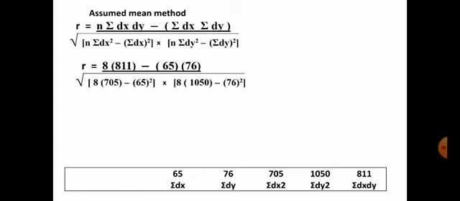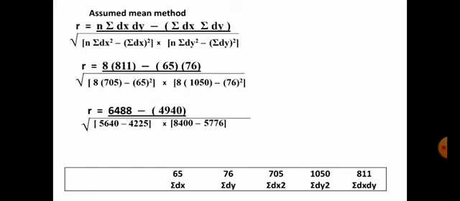Then in the denominator part, you multiply 8 into 705 and minus 65 square, 65 into 65. Similarly, 8 into 1050 minus 76 whole square. I have already made the calculations, just cross check it.